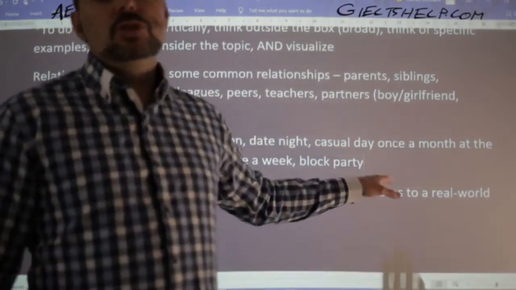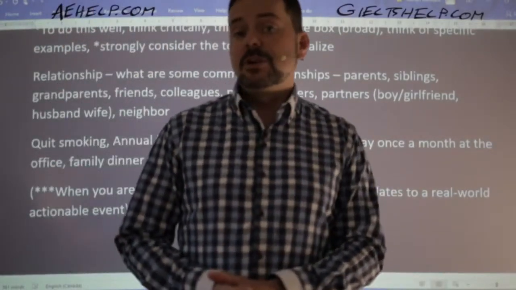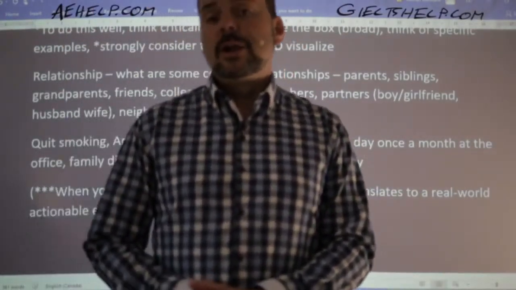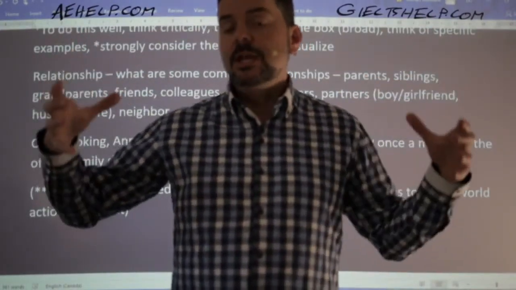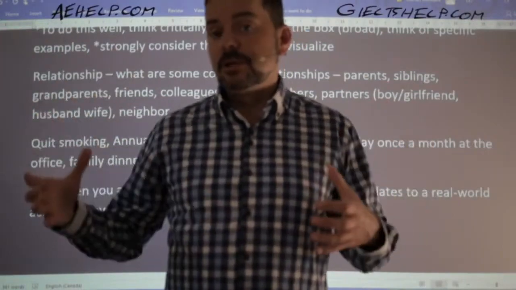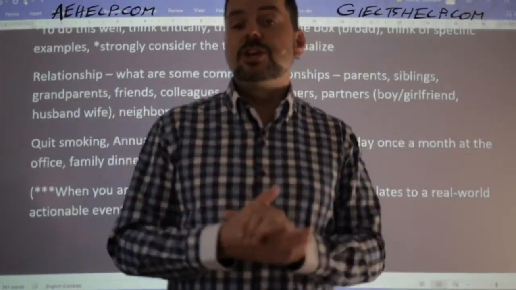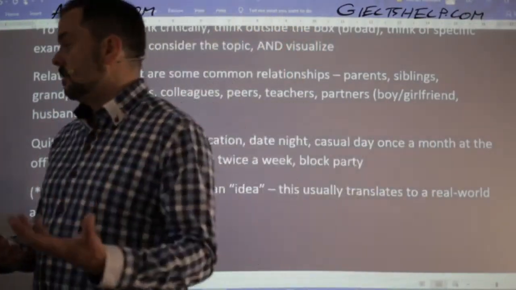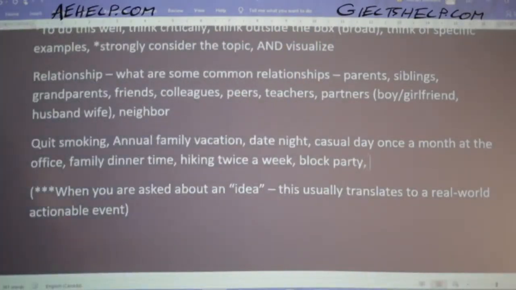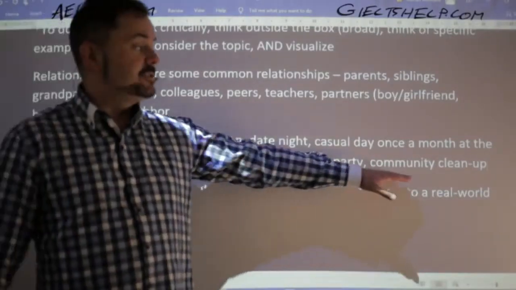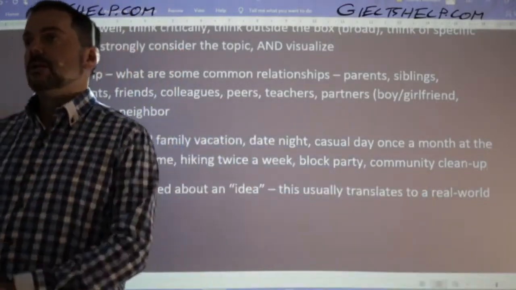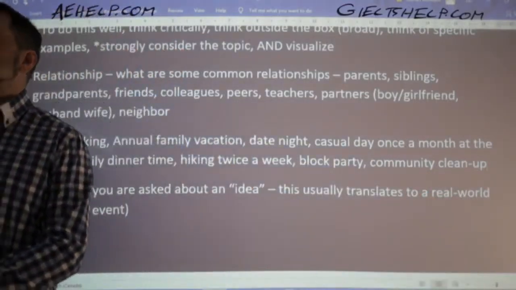It usually happens a couple times a year, or at least once a year, where people who live on the same block, it means the same street, they come together, they have a barbecue, they play some games with each other, they have some conversations. So a block party. Or community cleanup, right? So getting together with neighbors to clean up the street and have some conversations while doing it. Okay, so, all right.